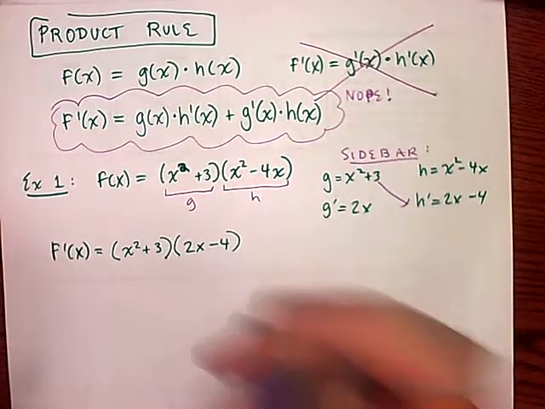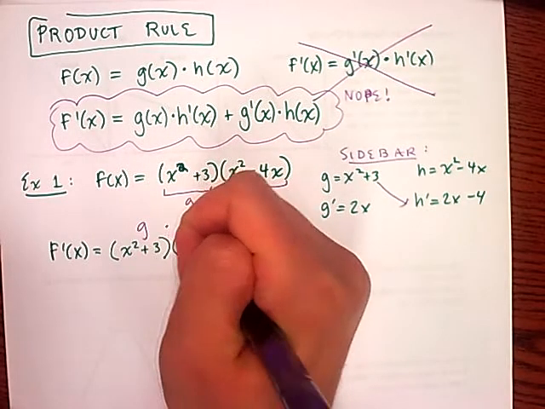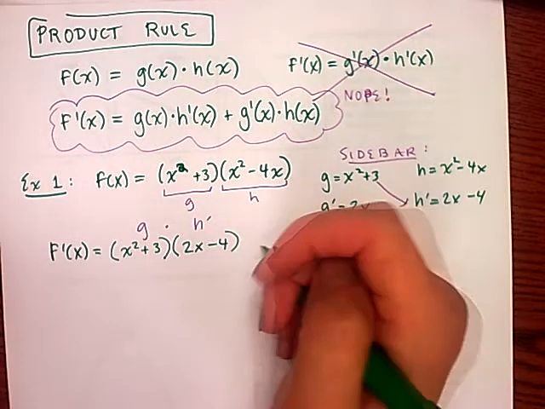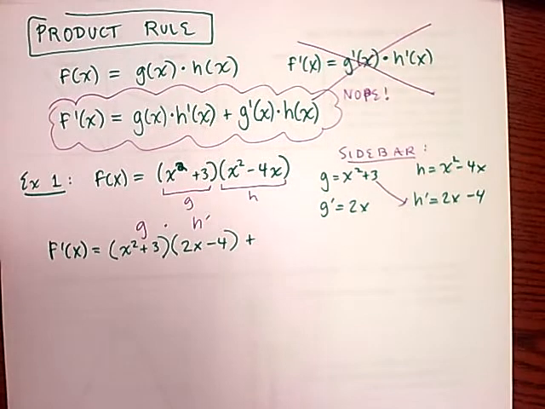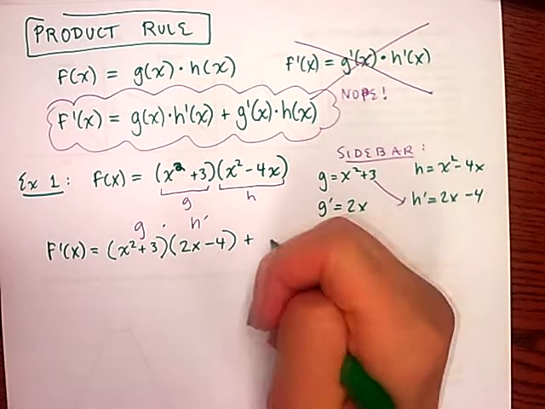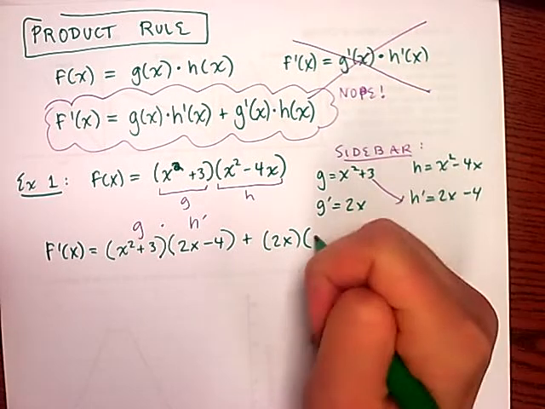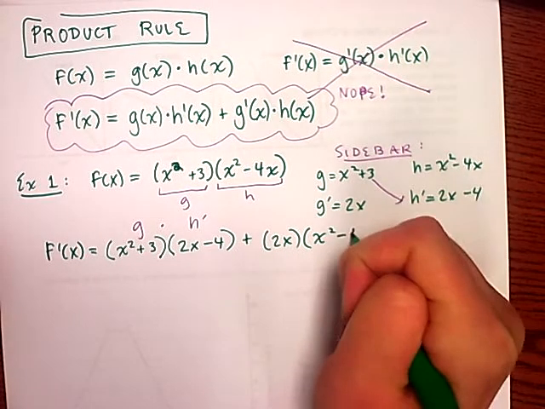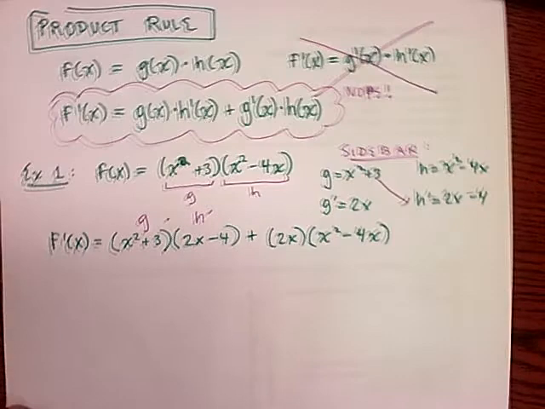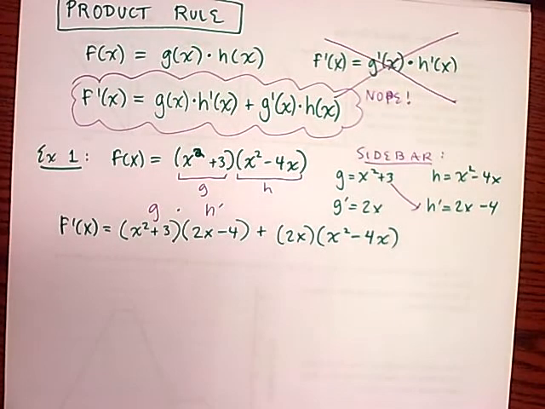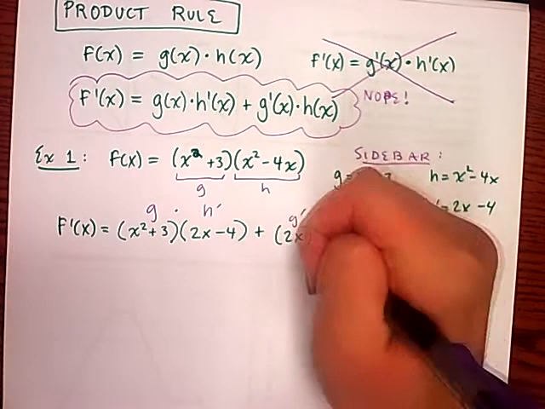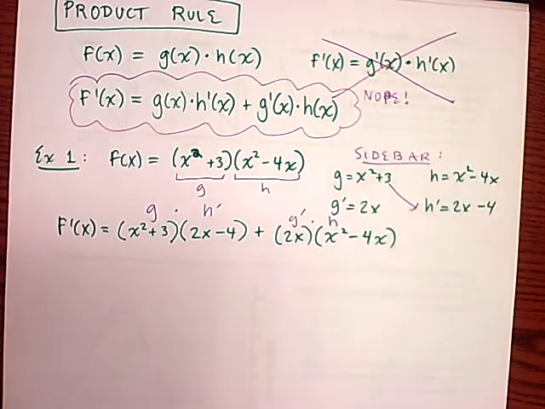That takes care of g times h prime. Now I need to do plus g prime, 2x, times h, x squared minus 4x. Okay, so now that's really all the product rule is telling us to do. So this is g prime, this is h.